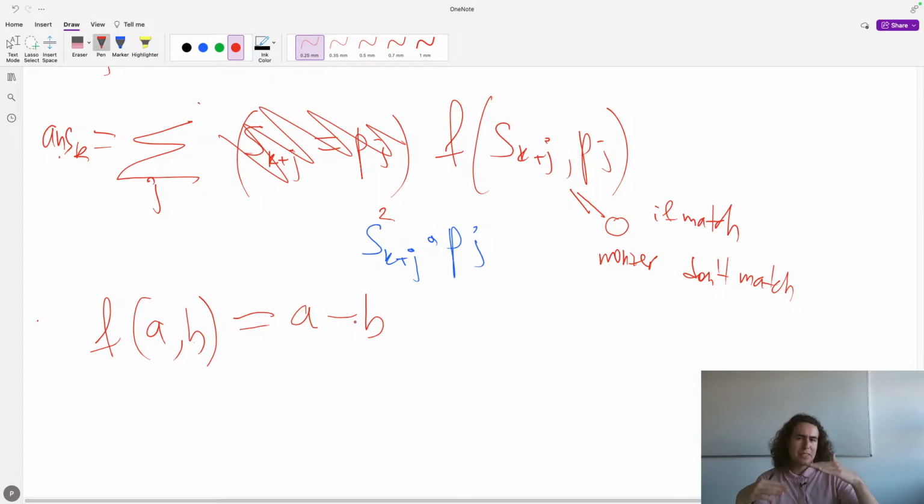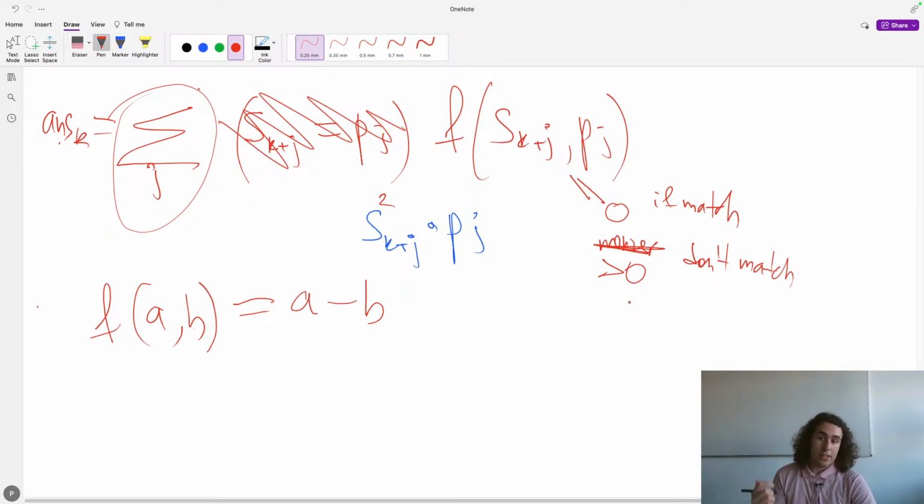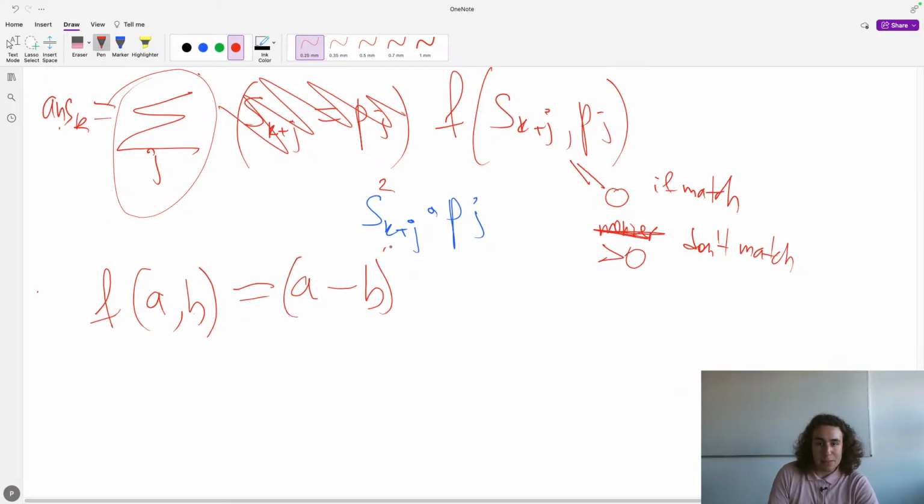And if we sum negative and positive values, at the end we can get 0. But we only want to get 0 at the end if all the summands are zeros. So we want this value to be not just non-zero, but strictly positive if they don't match. This is also not hard. You just take a minus b squared.